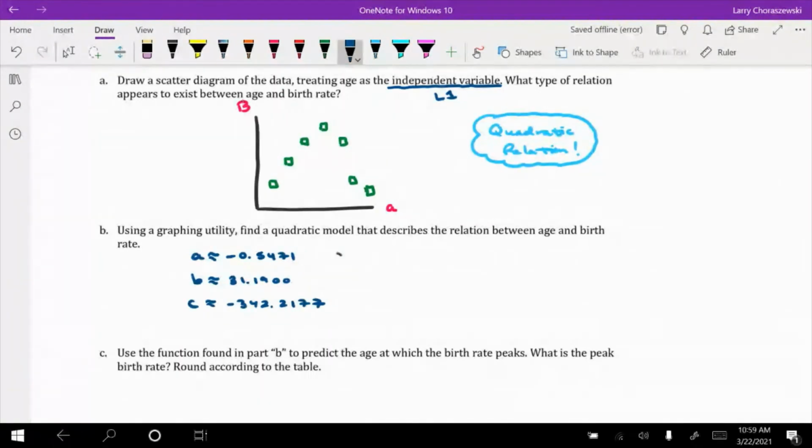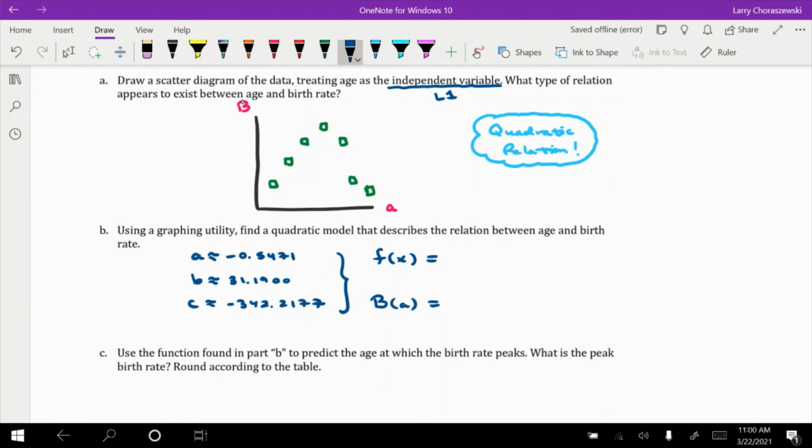Okay. So this will basically get folded into our quadratic function, which you have a couple of ways of writing. You can write it as f of x if you want, or you can write it as b of a. Okay, b of a is just the usage of a and b, the variables that they're using in this table.